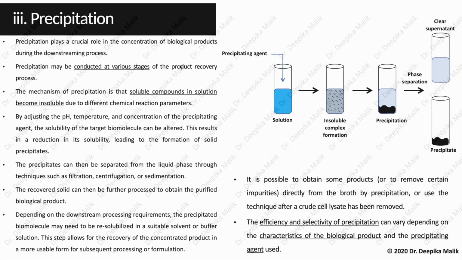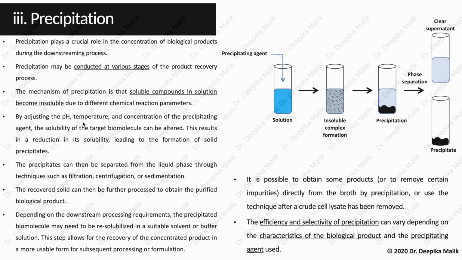Next method is the precipitation method. Precipitation plays a crucial role in the concentration of biological products during the downstream process. It may be conducted at various stages of the product recovery process. The mechanism of precipitation is that soluble compounds in solution become insoluble due to different chemical reaction parameters.